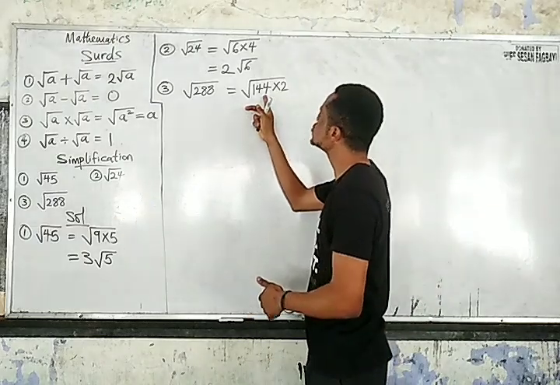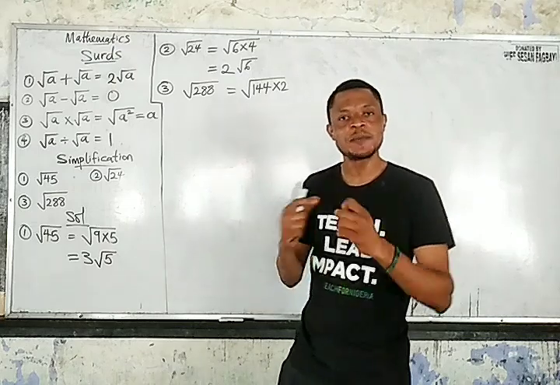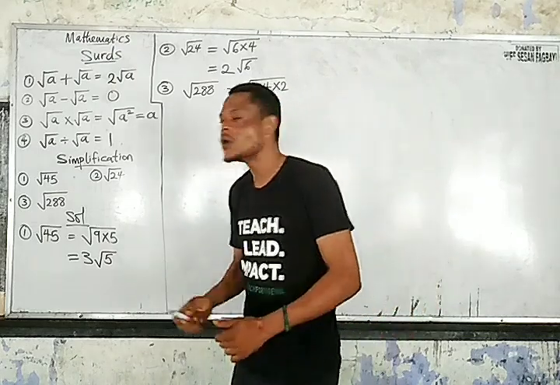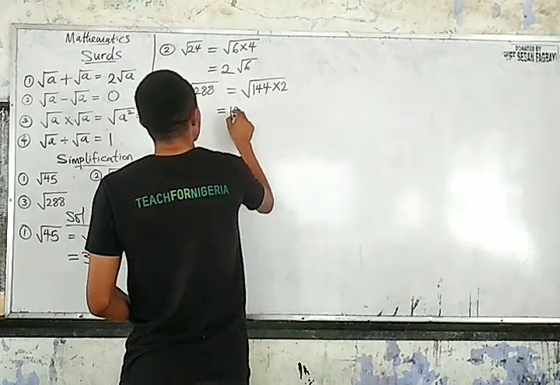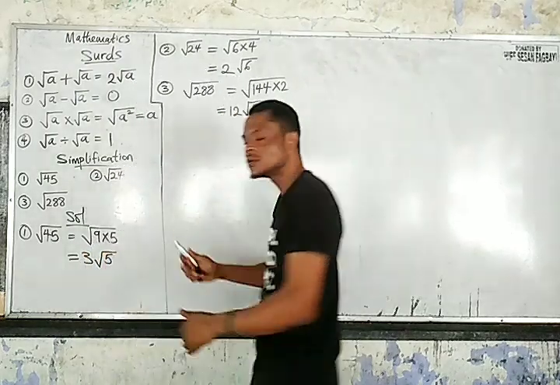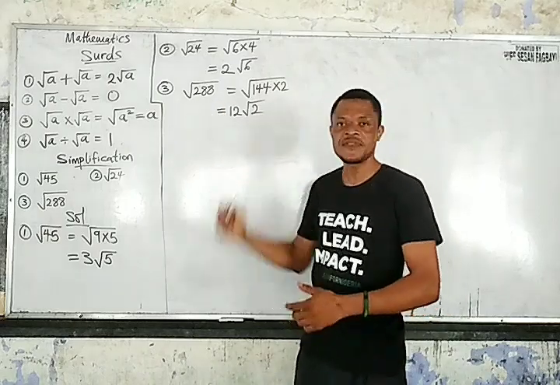So we simply find the root of 144. The root of 144 is 12. 12 multiplied by 12 will give us 144. So we have the square root of 288 to be equal to 12 root 2. We have our value simplified.